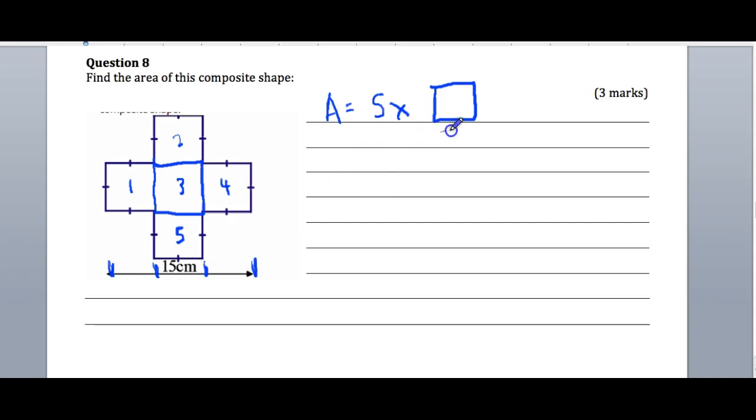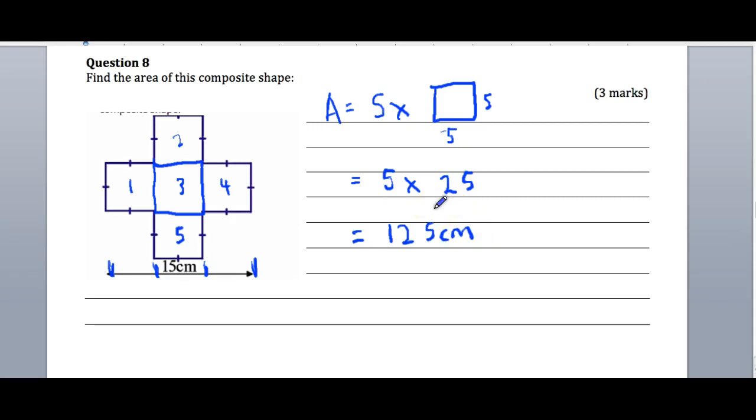So it's going to be a 5 by 5 square. Lots of 5s, huh? So we want 5 squares, and let's work out the area of this. So 5 times 5 is 25. 5 times 25 is 125 centimeters.